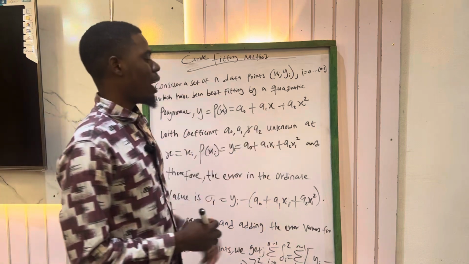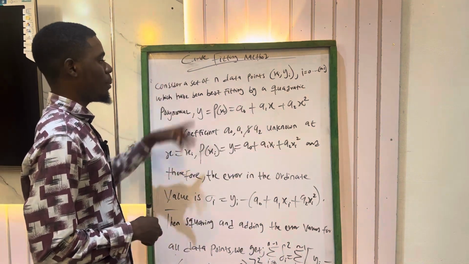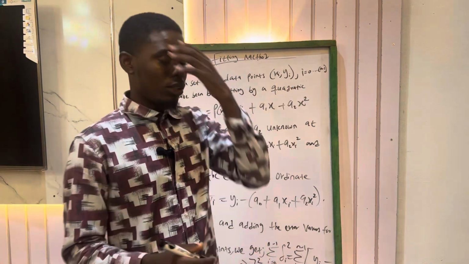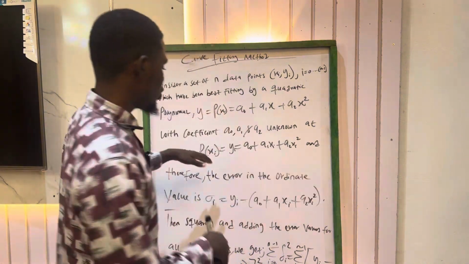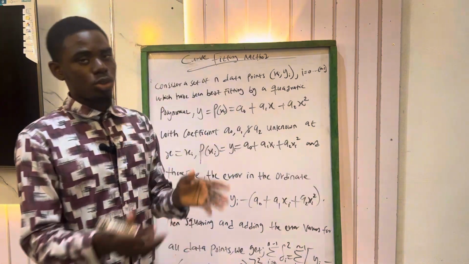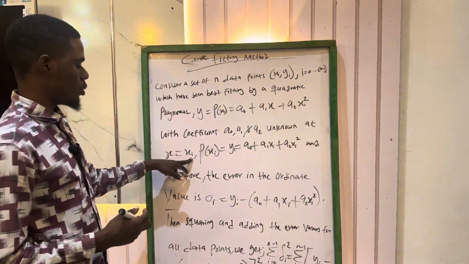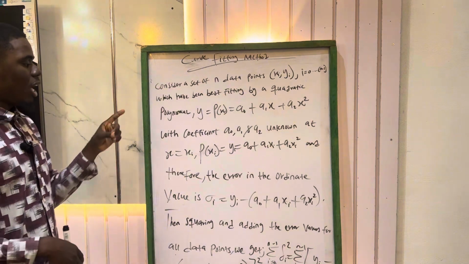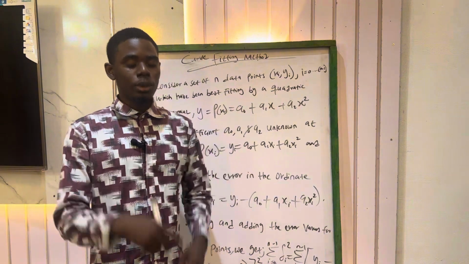Going further with what we have on this board, we say that these coefficients a naught, a1, a2 are unknown presently at these points where x is equal to xi. Remember that i itself is varying from 0 to n minus 1. So we want to get the coefficients of this equation, a naught, a1, a2, at those points. When x is equal to xi, anywhere we have x, we substitute x subscript i.